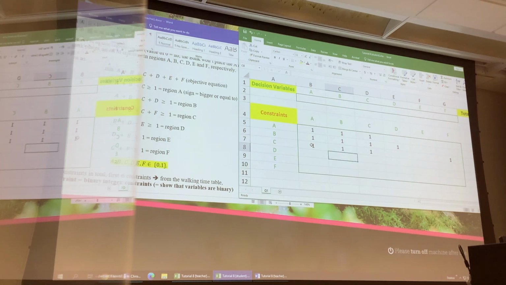Region D, that is B, D, and E. Region E, that is D and E. So for the last one, that is C and F. Okay. So you can double check with your constraints together to see if there is anything missing or wrong.